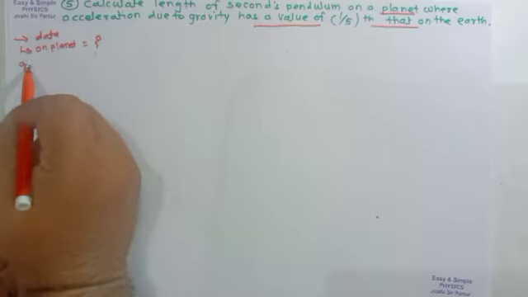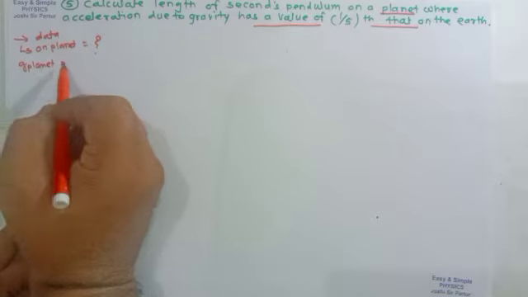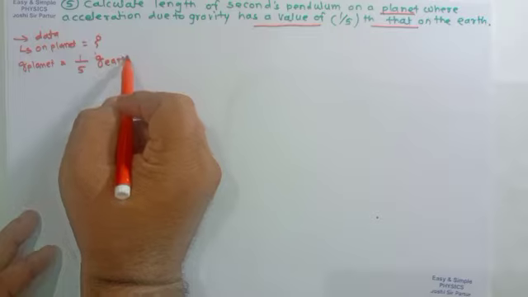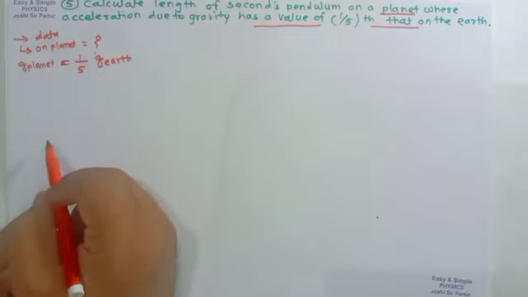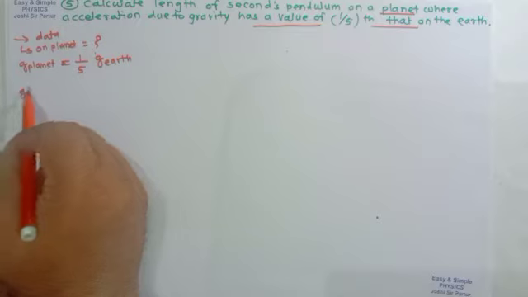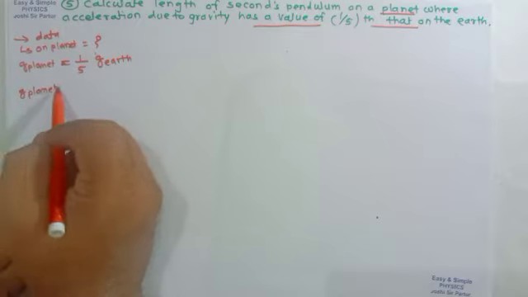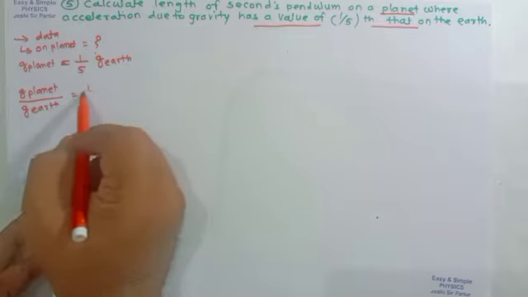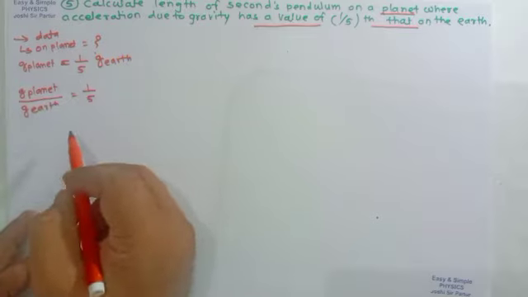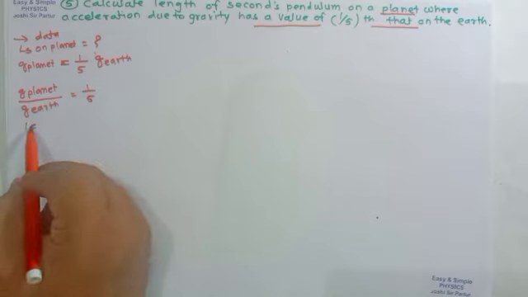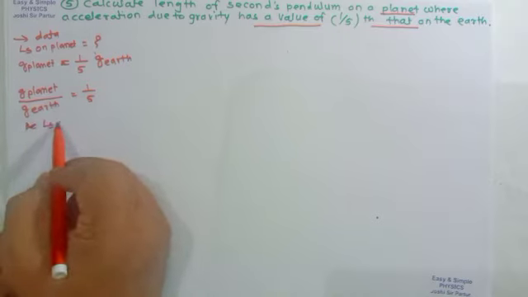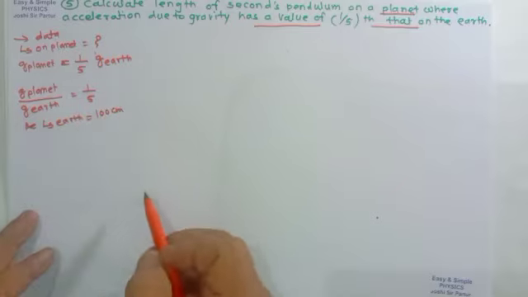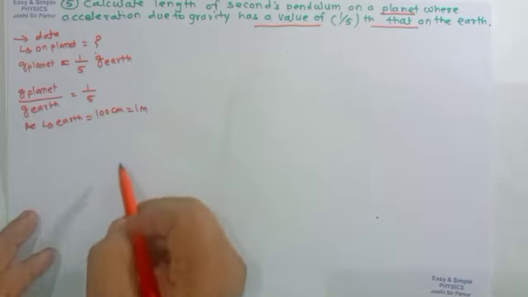Acceleration due to gravity on planet will be 1/5 of acceleration due to gravity on earth. Means acceleration due to gravity on planet divided by acceleration due to gravity on earth is equal to 1/5. Length of second pendulum on earth approximately taken as 100 centimeter or 1 meter.